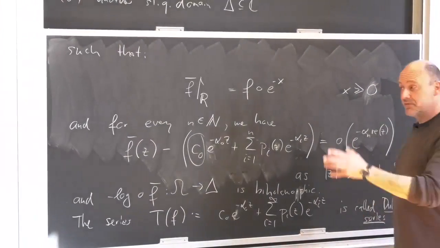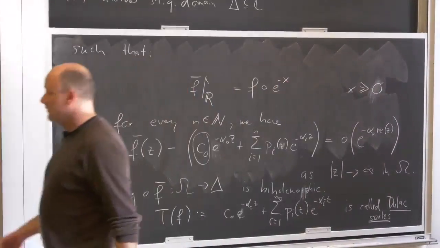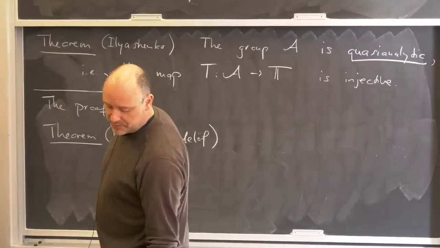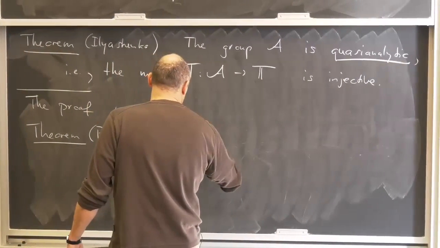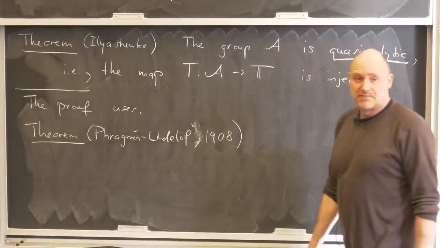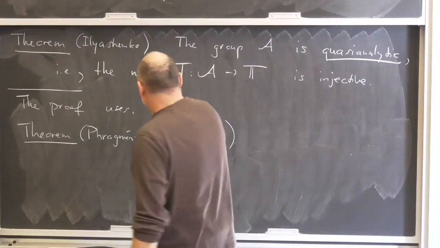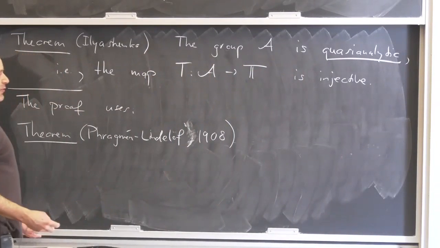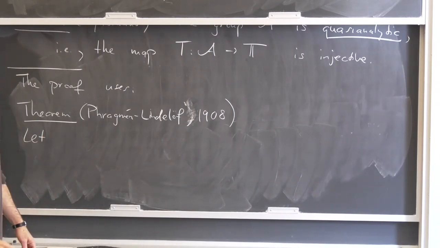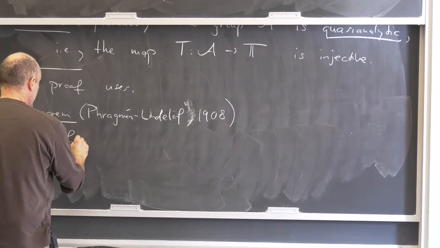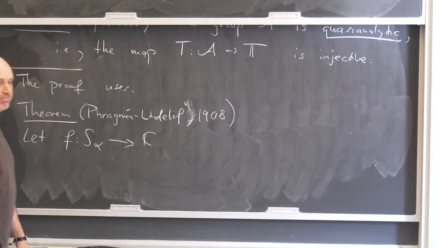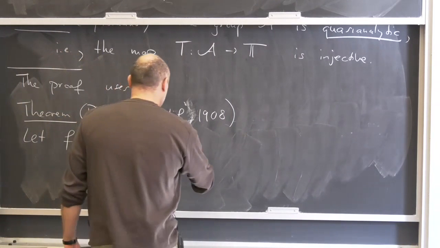They are actually what gives us the injectivity of T via this complex analysis principle called the Phragmén-Lindelöf principle. Oh yeah, and it's quite old. So it's just about holomorphic maps. Take a holomorphic map F on a sector of opening alpha.